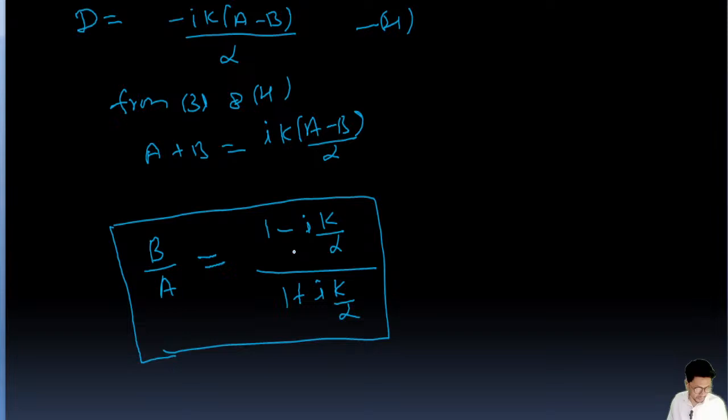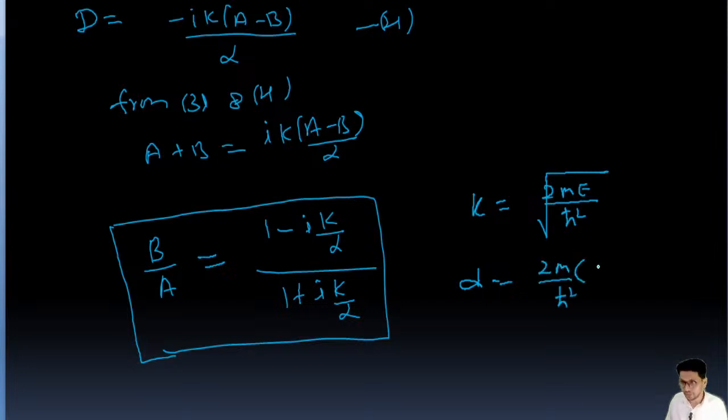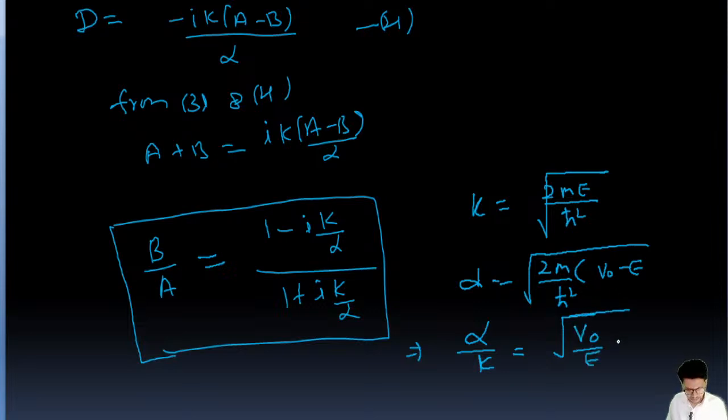Very important formula: 1 minus iota k upon alpha upon 1 plus iota k upon alpha, where the value of k is root of 2me upon h cut square, and alpha is root of 2m upon h cut square times v naught minus e. From there, alpha upon k is going to be root of v naught upon e minus 1.